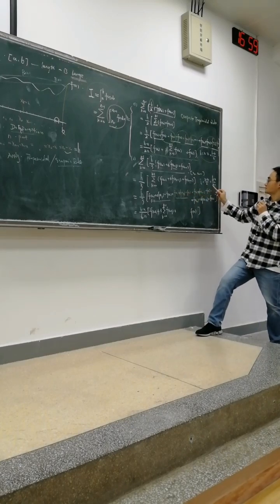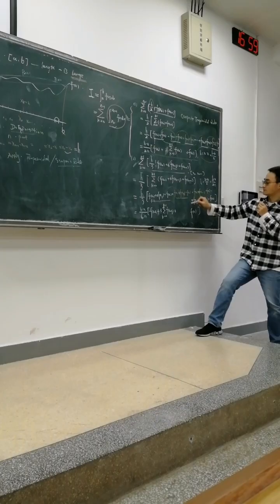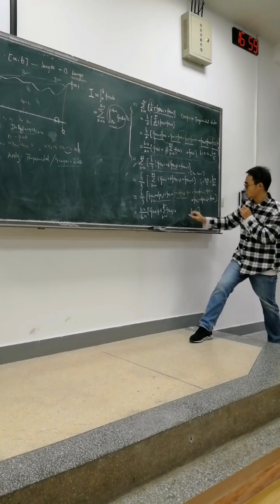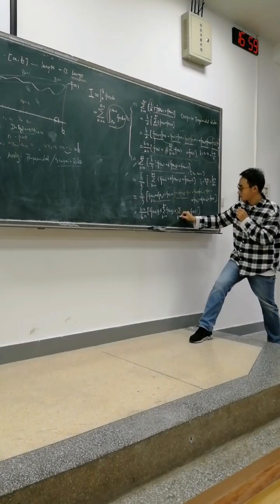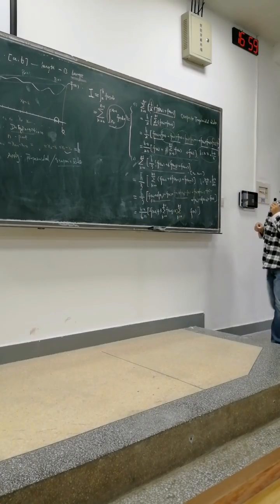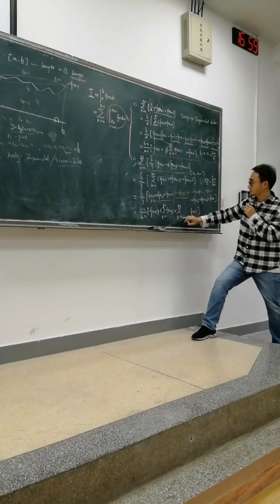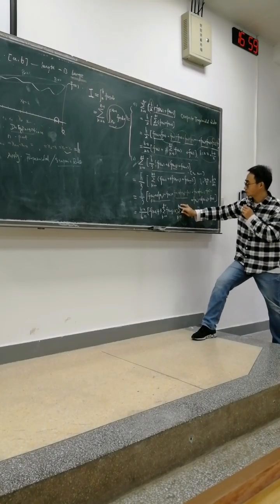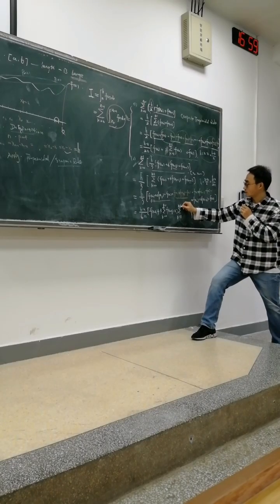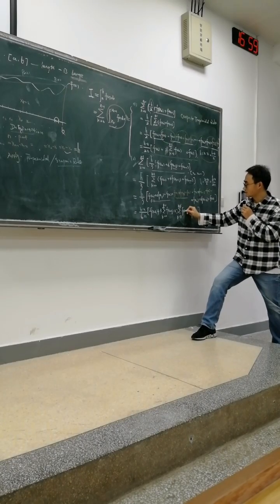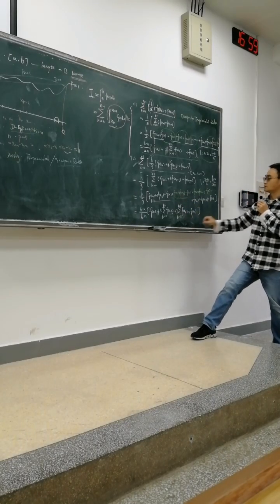This is 2 times, this is 2 times. So here is 2 times. We do summation k from 1 to n minus 1 of f of xk.